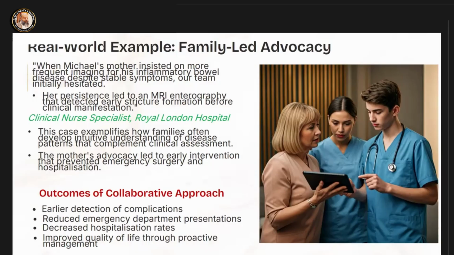So the outcomes of the collaborative approach were early detection of complications, reduced emergency department presentations, decreased hospitalization rates, and improved quality of life through proactive management.